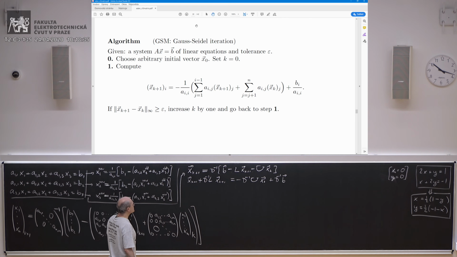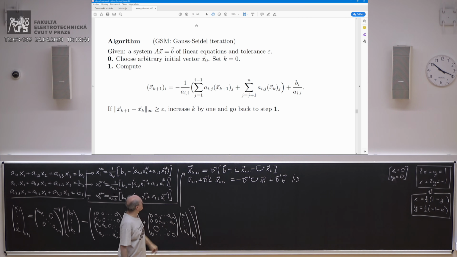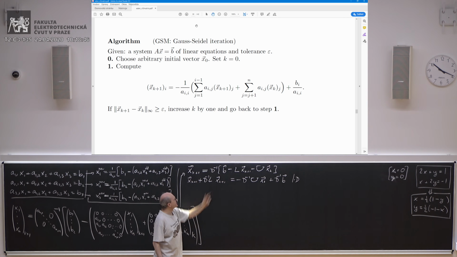So I'm going to multiply everything from the left by D, and then I'm going to factor out the vector xk plus 1.